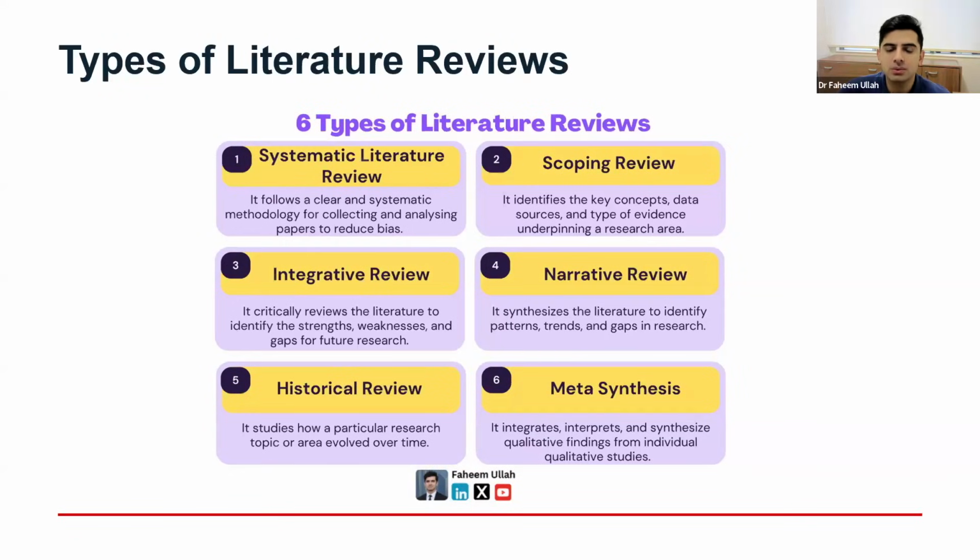In this one, we look to the literature to identify patterns, trends, and gaps. Now, what I mean by patterns and trends. If we take the same example of, let's suppose, using AI to detect cancer, the pattern could be that, for example, a particular algorithm is used by 50 papers.